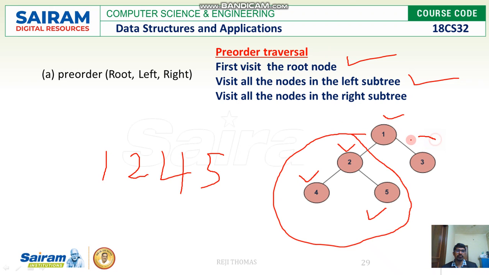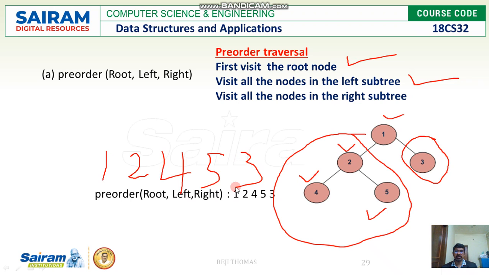For the root node, we have got a single node, which is 3. So in fact, we have successfully visited all the nodes in the given binary tree in the form of pre-order. So what is the sequence? The sequence is going to be 1, 2, 4, 5 and 3.